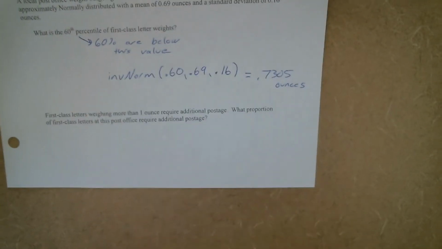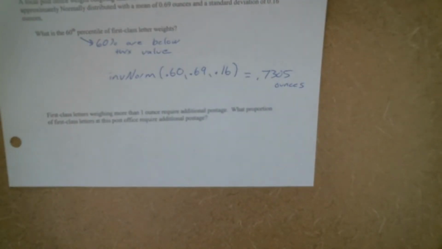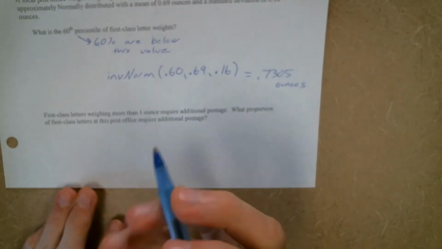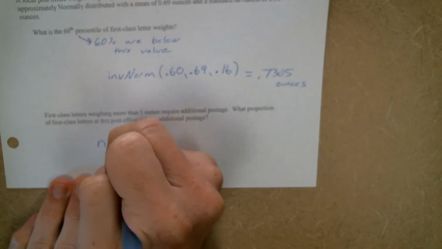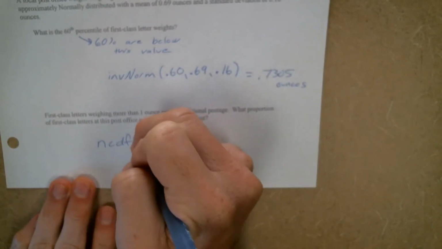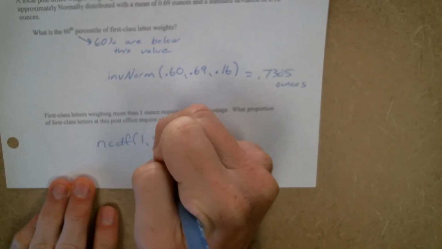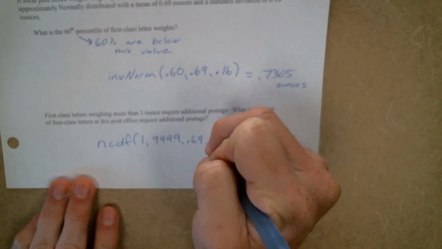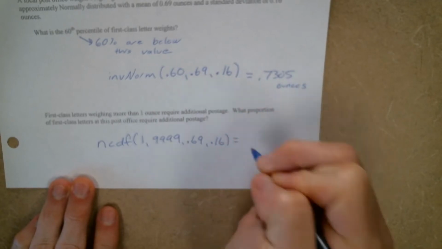First-class letters weighing more than 1 ounce require additional postage. What proportion of first-class letters at this post office require additional postage? This one was asking for a weight, and this one's asking for a percentage. So we're going to be switching over to normalcdf from 1 to 9999 when our mean is 0.69 and our standard deviation is 0.16.